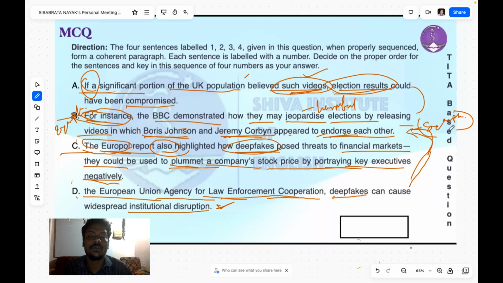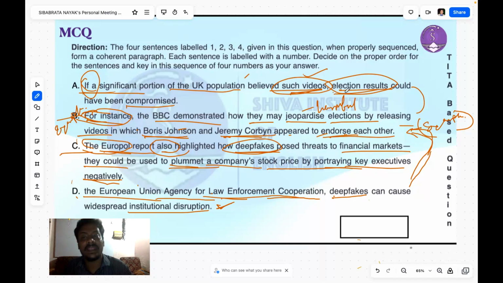So according to the agency, deepfakes can cause widespread institutional disruption. For instance, deepfakes can jeopardize elections. BBC's demonstration showed how they may jeopardize an election by releasing videos in which the endorsement occurred, isn't it? So that is what is called deepfakes that can cause institutional disruption. So B is the example to it, right?